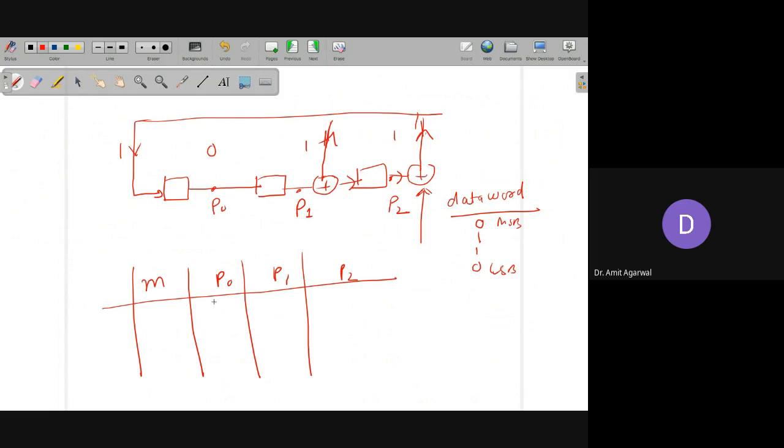So first, initially all are 0, and then we insert a 0 here. Okay, so we just remove all of this. This is just to make the circuitry. Since it was x cube plus x square plus 1, we just put a shift register here corresponding to x cube, x square, and 1.